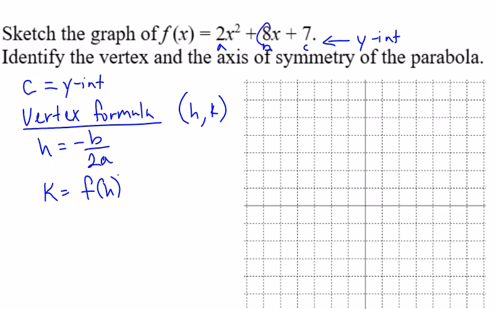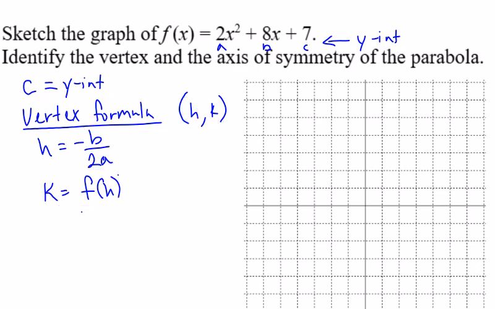So if you find what B is and you find what A is, you put them into this formula and that'll give you H. And then to find K, you just input whatever you get for H into f of x. So you put it in as the input into this function, and whatever the output is, that is what your k value is going to be, the y value of the vertex, right? If you know the x, you plug it in, and that'll help you find the y. That's what this is saying right here.